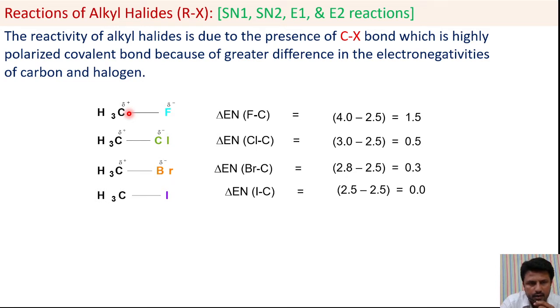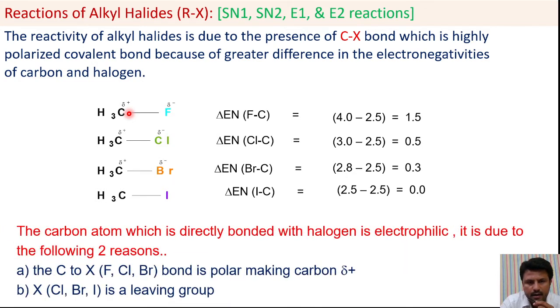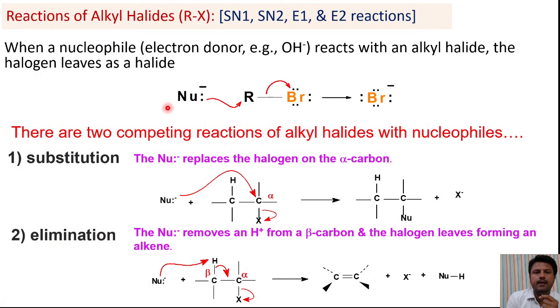Since it is an electrophile, it attracts nucleophiles. So when an incoming nucleophile like OH minus approaches this alkyl halide, the halide ion will start leaving.